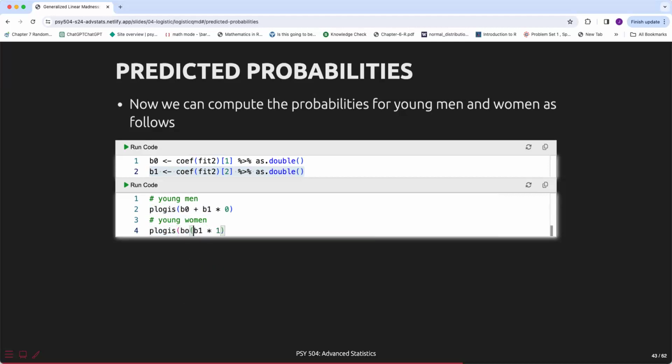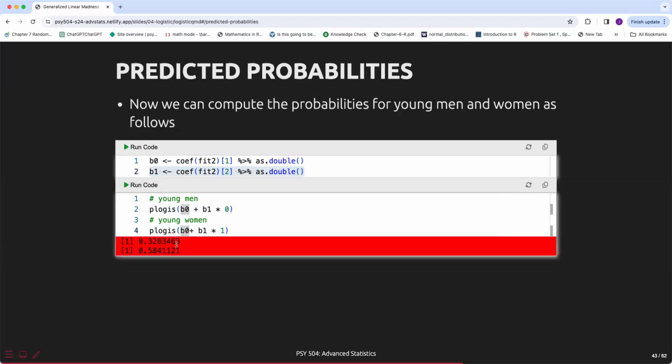And this is a very simple case. When we have lots of predictor variables, we'll need to include those variables as well. And things can get really complicated really fast here. So this is a very simplified version of this. But in order for us to get these predicted probabilities, we need to make sure we include all the information from our model. For women, we need to include the intercept value.